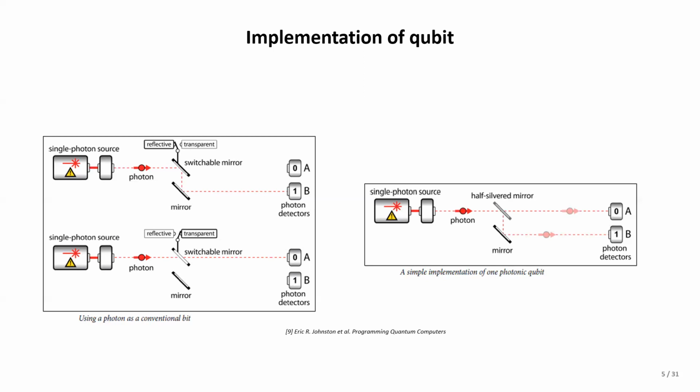Now let's look at how we can use a single photon for qubits and quantum computing. This is a very simple implementation of one photonic qubit, in the figure on the right-hand side. Here, we are using a half-silvered mirror.